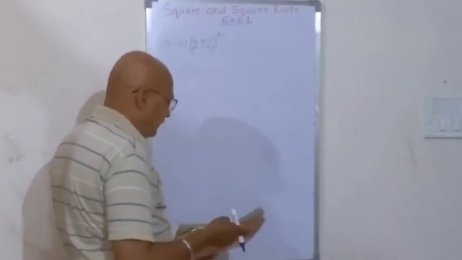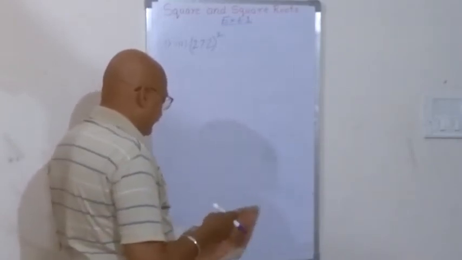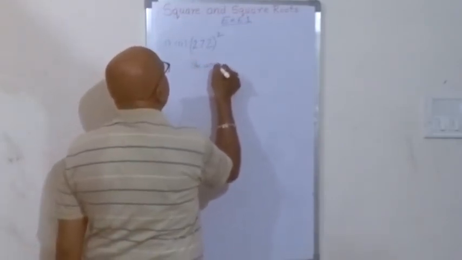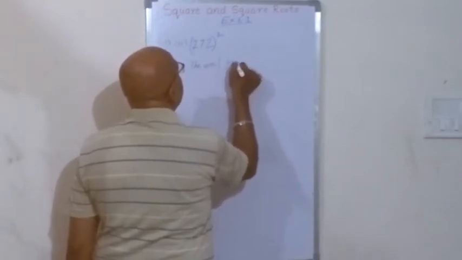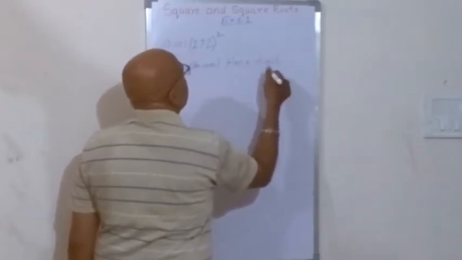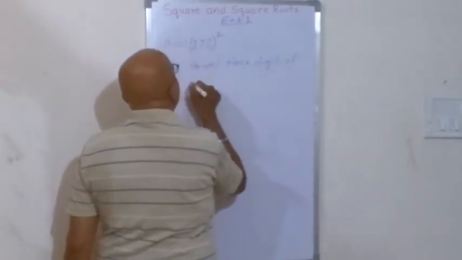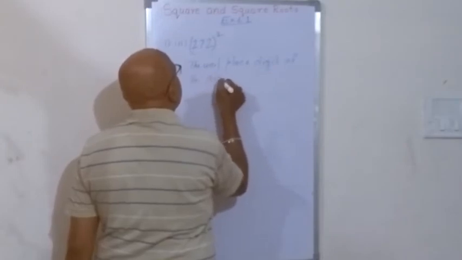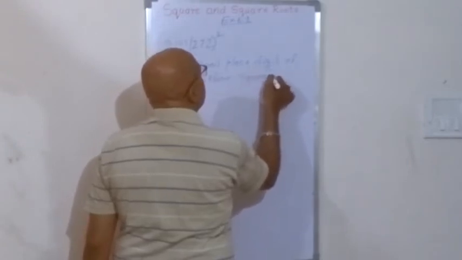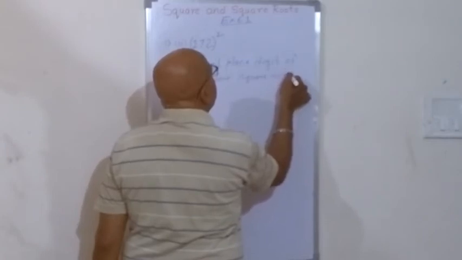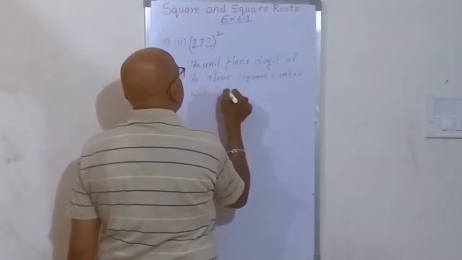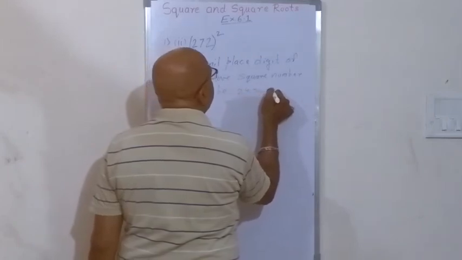So here the step should be: the unit place digit of the above square number will be 2 multiplied by 2 equal to 4.